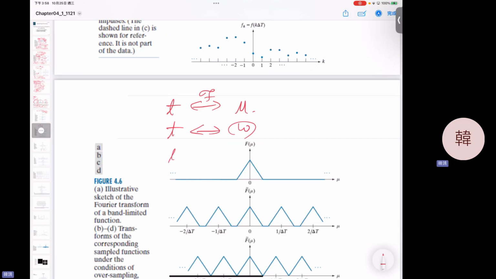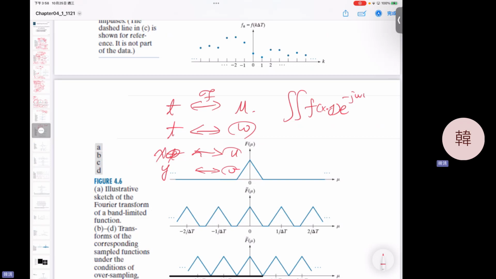And some of them change to u, v: x to u, and if you have two dimensions, y to v. Okay, so we have, like, a two-dimension f of x, y, e to the minus j omega u, omega v, dx dy, which becomes F of u, v.